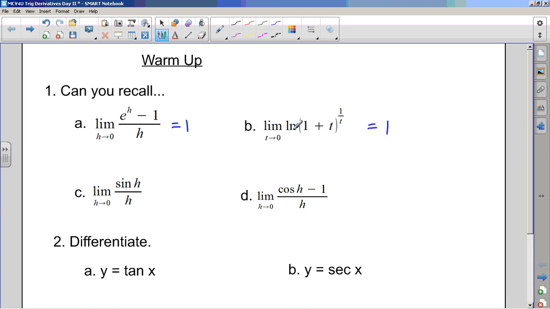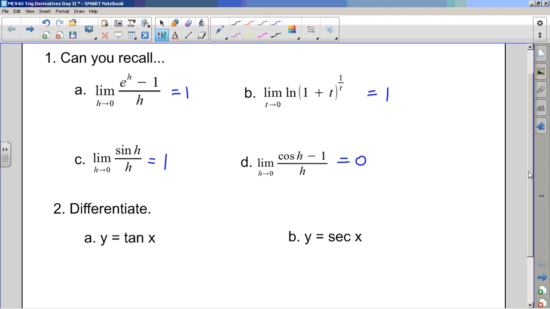And again, this one is the one that we sort of poke the lawn outside, and then this ends up being the definition of e. So the ln of e is just 1. This was the one that we used the squeeze theorem for, it is 1, and this one is 0. Cos is always the weird one. It seems like it's the one that doesn't work nice.